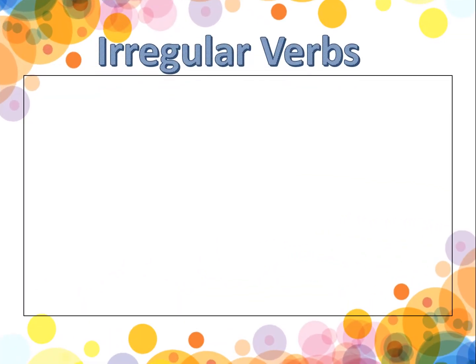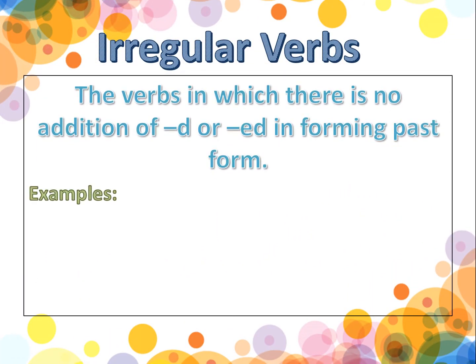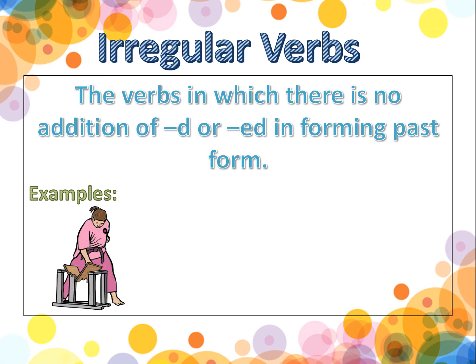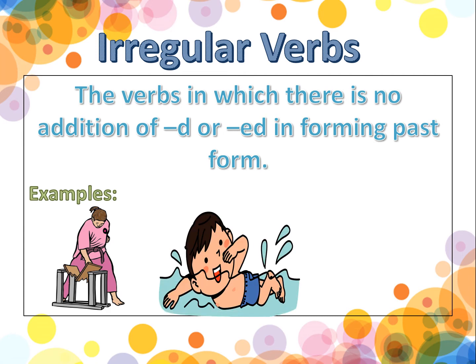The second thing is irregular verbs. The verbs in which there is no addition of d or ed in forming the past form are called irregular verbs. For example, break: the second form is broke, and the third form is broken. Come to the next one. Swim, swam, swum.